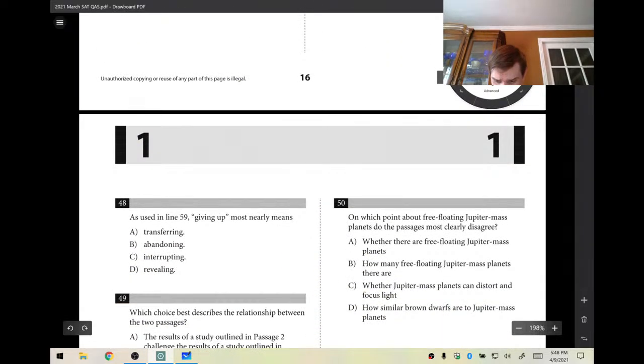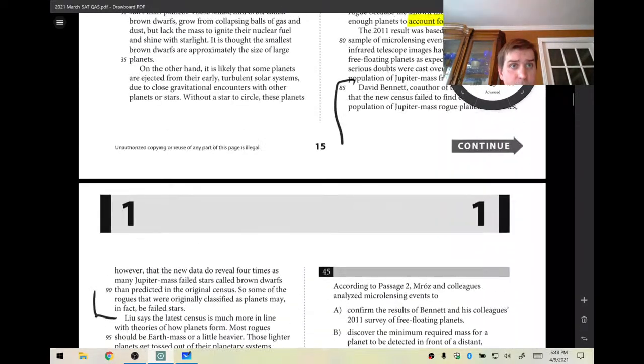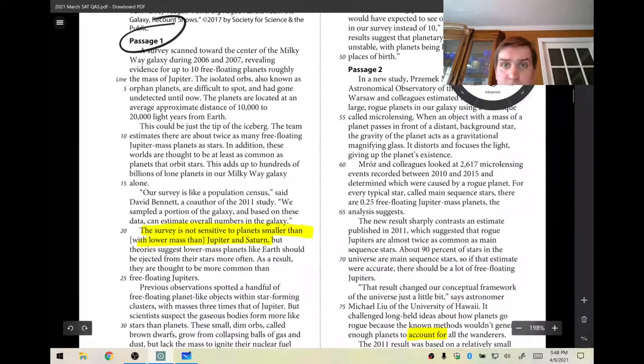48. As used in line 59, giving up most nearly means what? All right, here is 59. Distorts and focuses the light, giving up the planet's existence. I'm going to read the words back in the sentence and let's see if they make any sense. Let's try A, transferring.